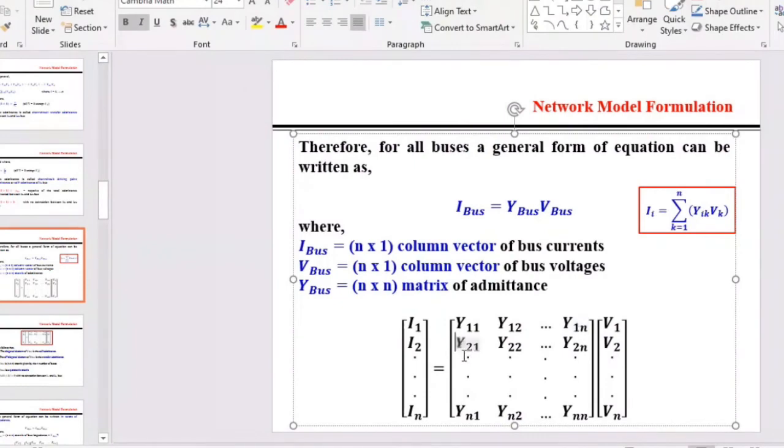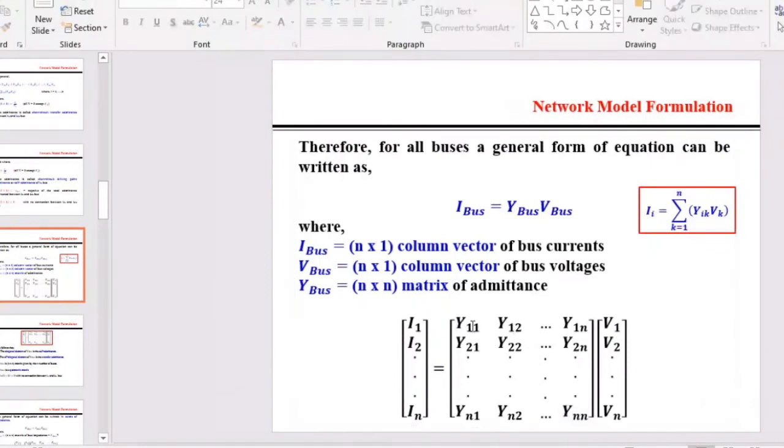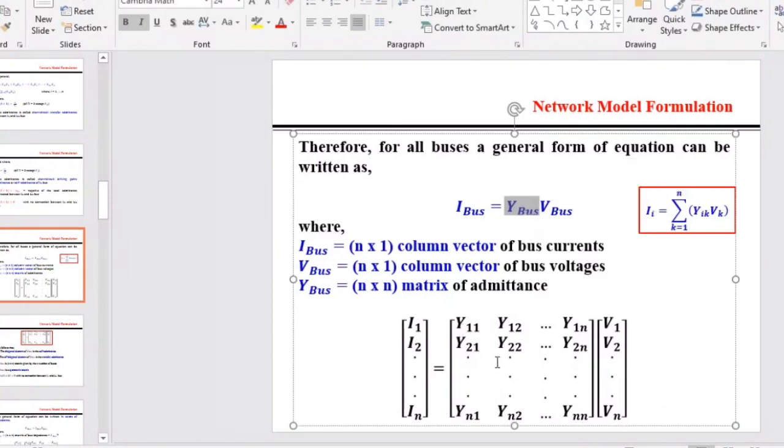Similarly, in the next row we go to Y21, Y22, and so on until we reach the nth value. So the final value here will be Ynn. We start with Y11 and reach Ynn at the end. So that's how the admittance bus matrix will look like.